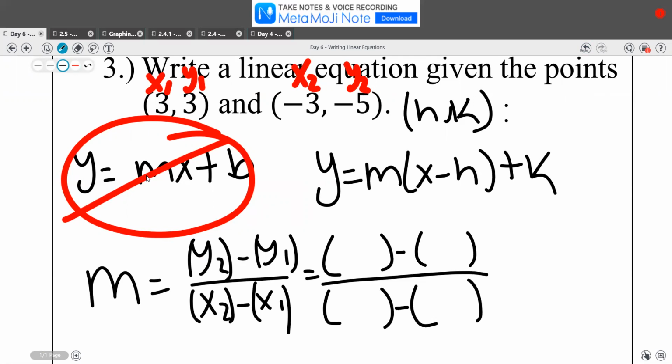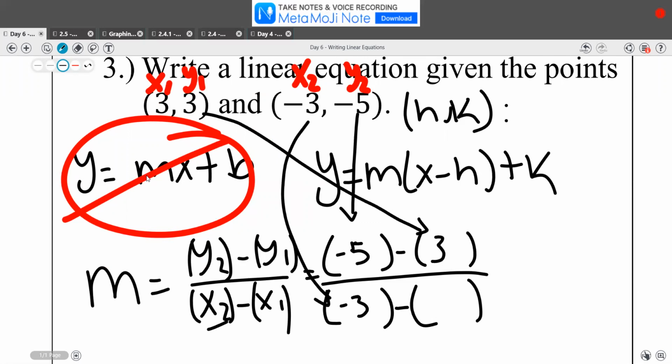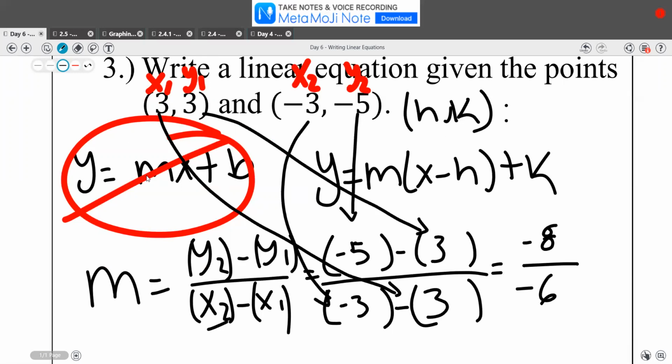All right, so y2, it's gonna go right there. And then y1 is gonna go right there, okay? x2, it's gonna go right there. And x1 is gonna go right there. So I'm gonna be left with -5 minus 3, which is -8, over -3 minus 3, which is gonna be -6, right?